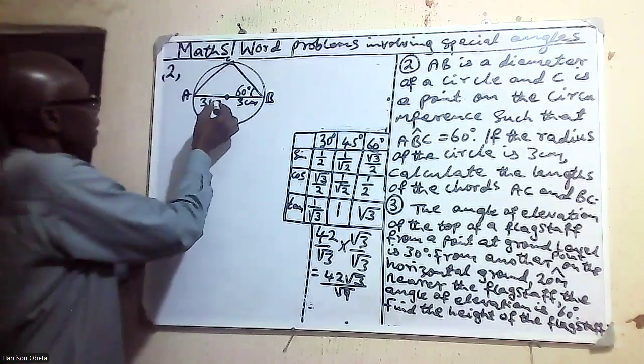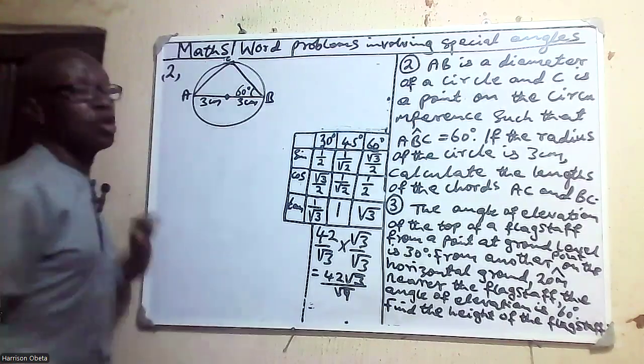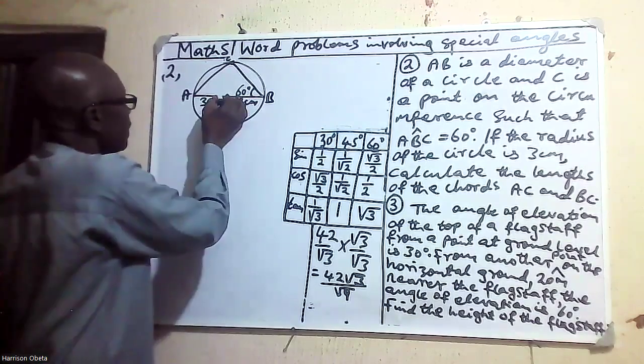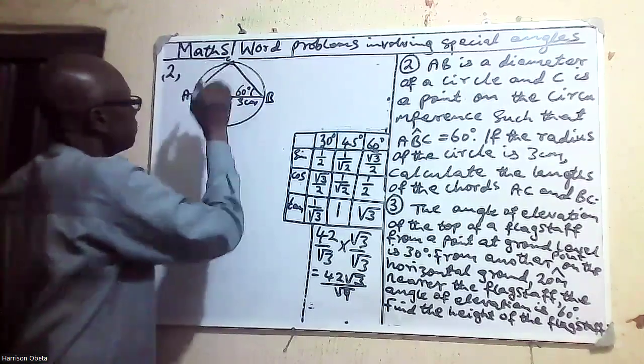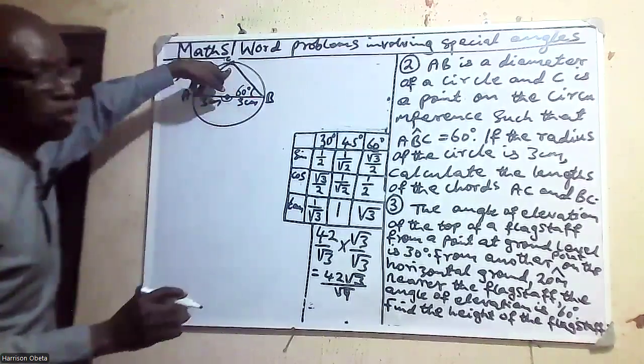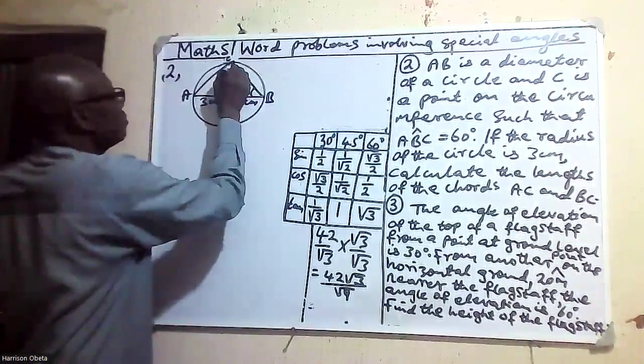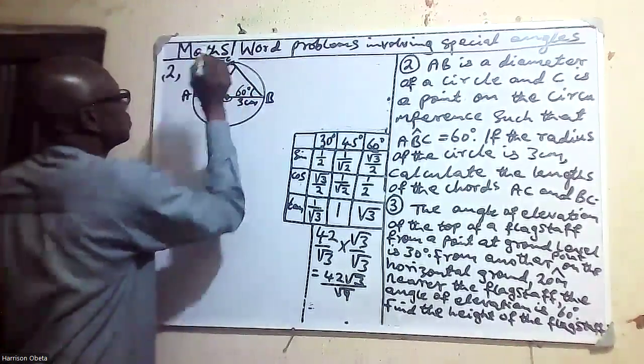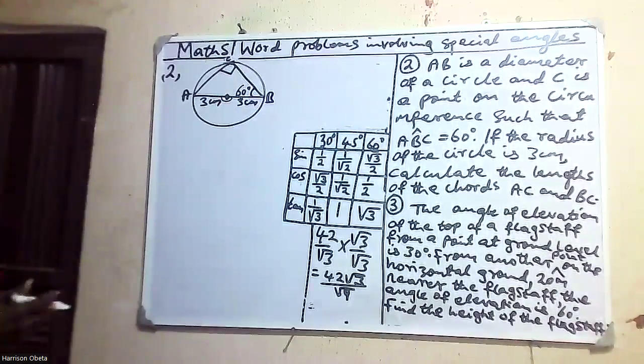And by me looking at this, angles on a straight line is always 180. So if this is 180, it means that the angle here must be 90 degrees. So we've got that, the 90.